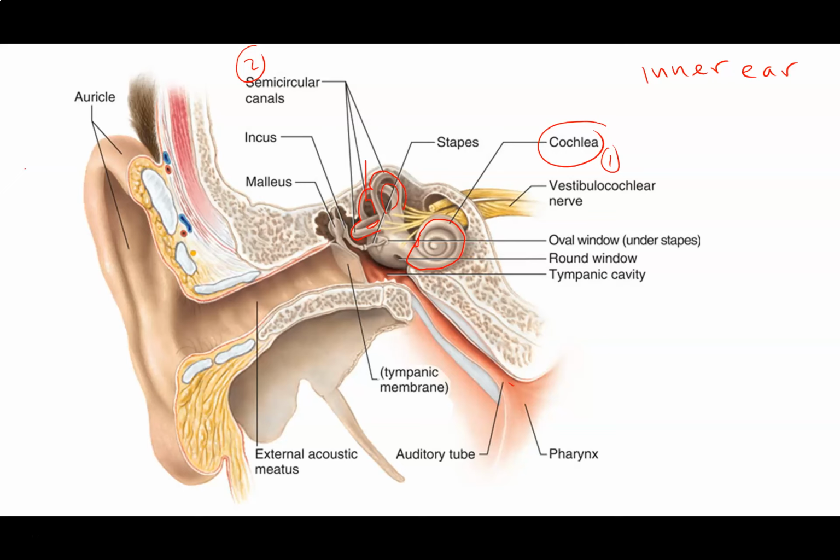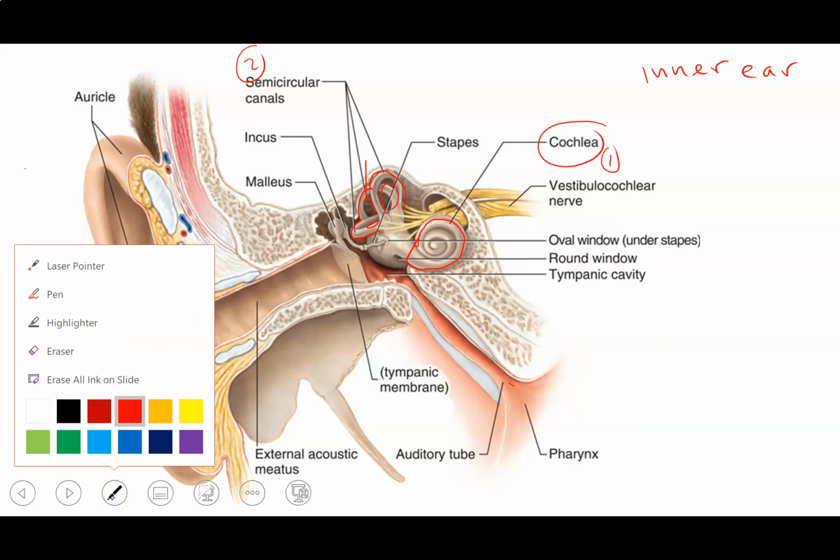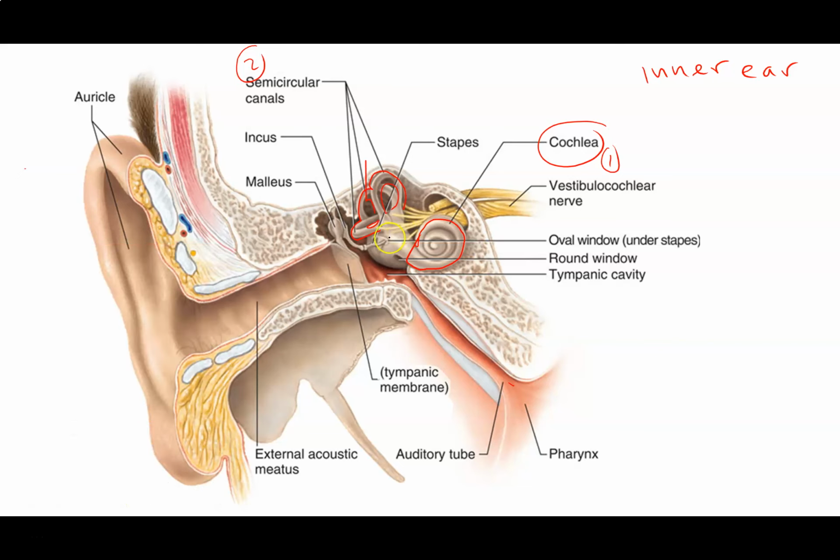And then between the cochlea and the semicircular canals is an area right there known as the vestibule. All right. The vestibule and the semicircular canals are involved with detecting equilibrium. The cochlea is involved with detecting sound.